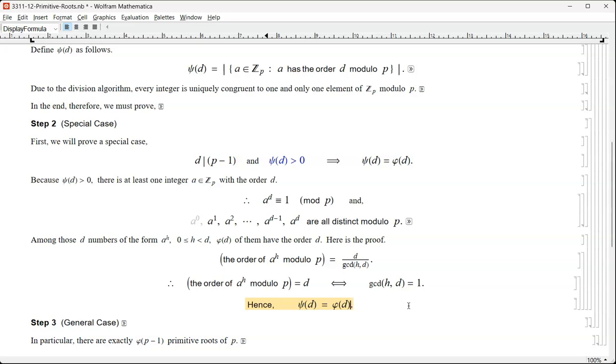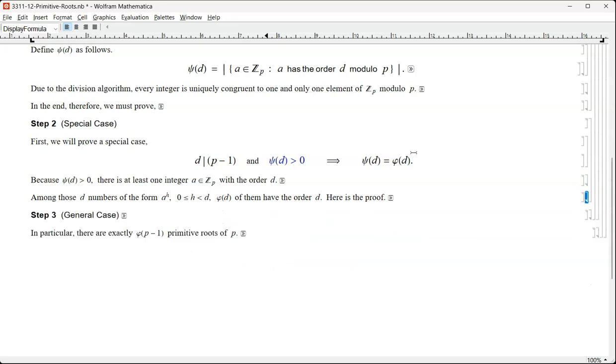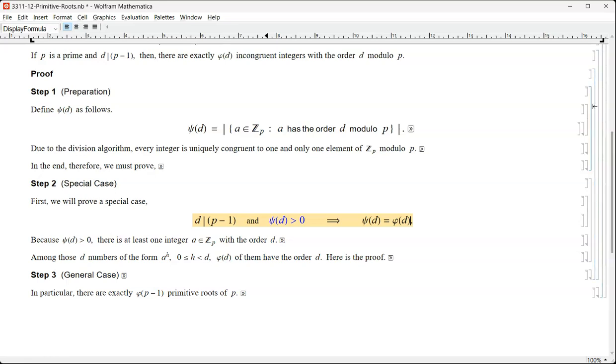So there are that many with order precisely d. So c of d and phi of d are the same under this special condition, which is highlighted in blue. Anyway, we proved the special case. Under this special condition, phi of d and c of d are the same, as expected.